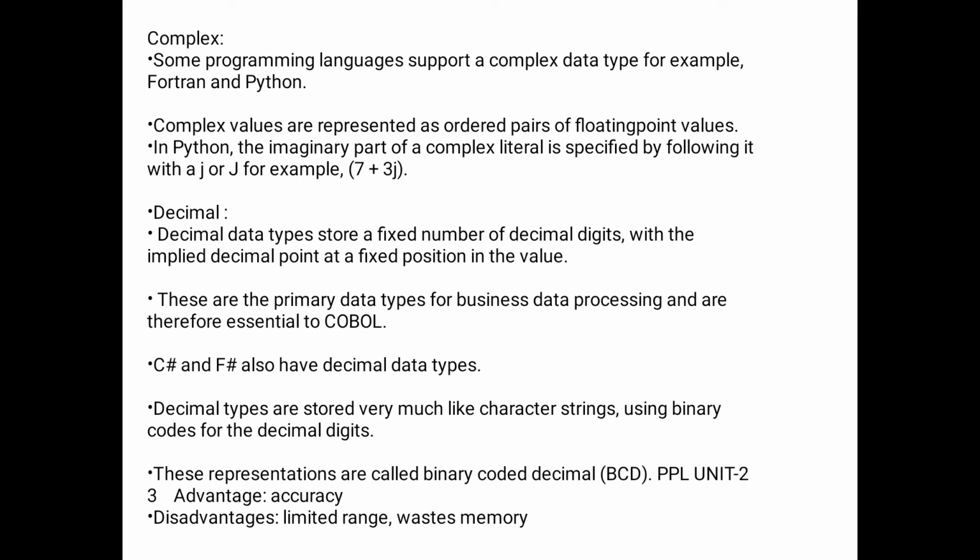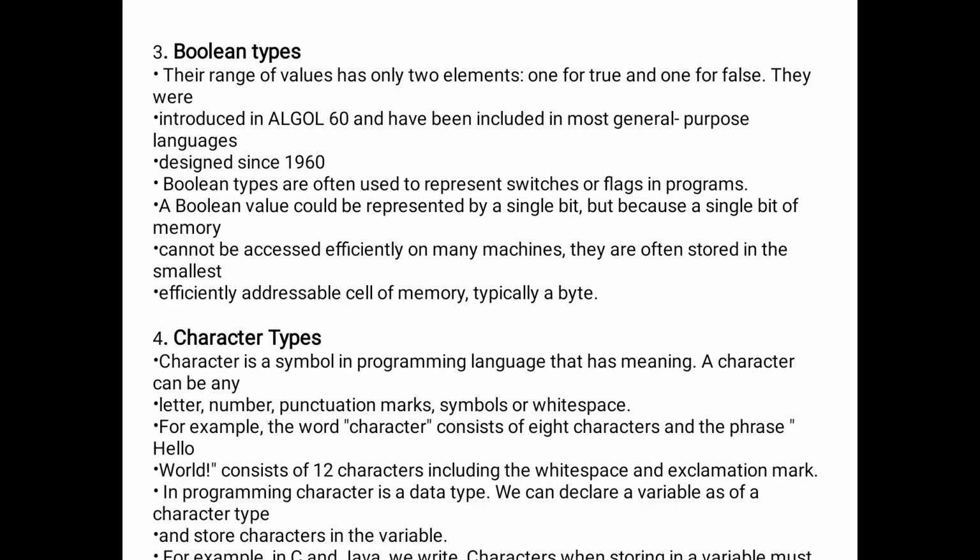Decimal data types are stored very much like character strings, using binary codes for the decimal digits. These representations are called binary coded decimal (BCD). Advantages of decimal data types: accuracy. Disadvantages: limited range, wastes memory.